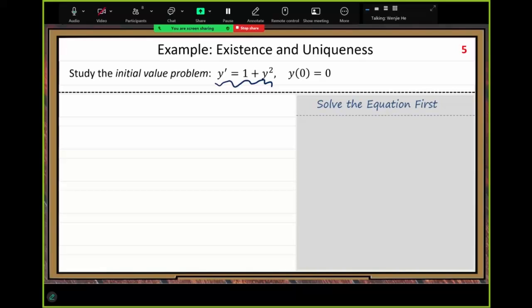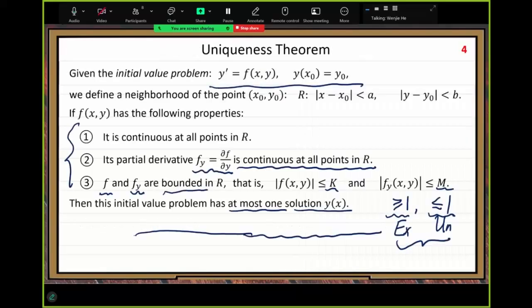Usually, when we apply the existence and uniqueness theorem for a certain f function, most of the time we may not be able to find an analytic solution, an explicit formula.